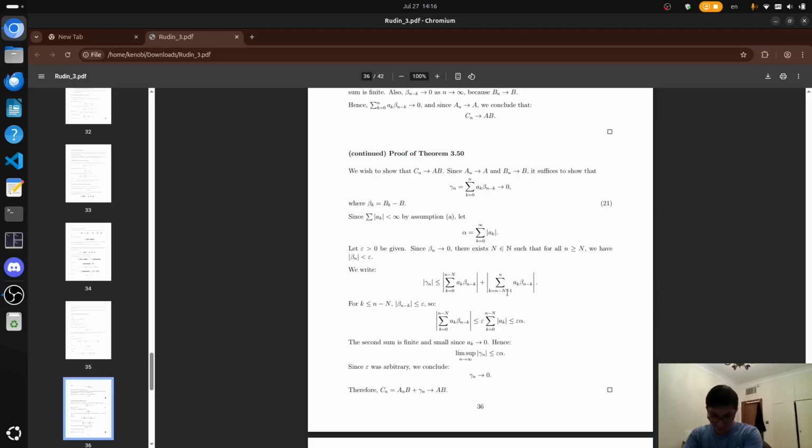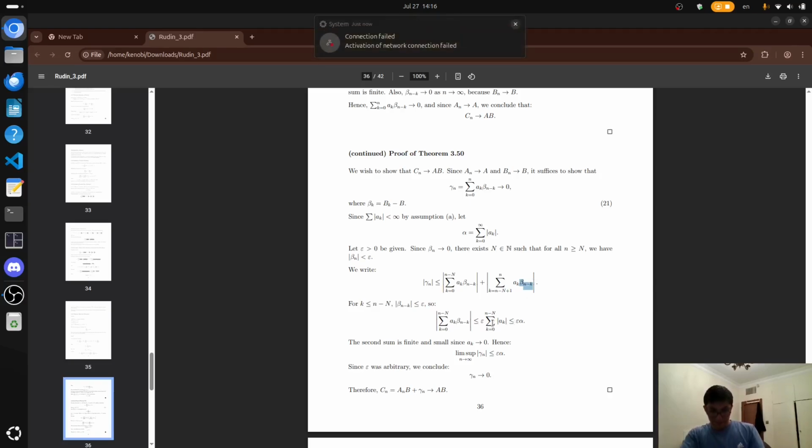And now here, as it goes to infinity, the sum of all these ak together will become alpha, and we know all these beta n minus k's, basically they're going to be less than epsilon as defined over here.